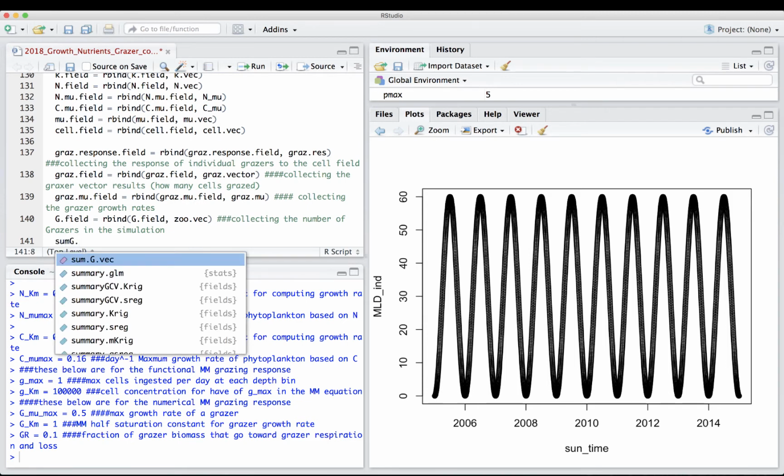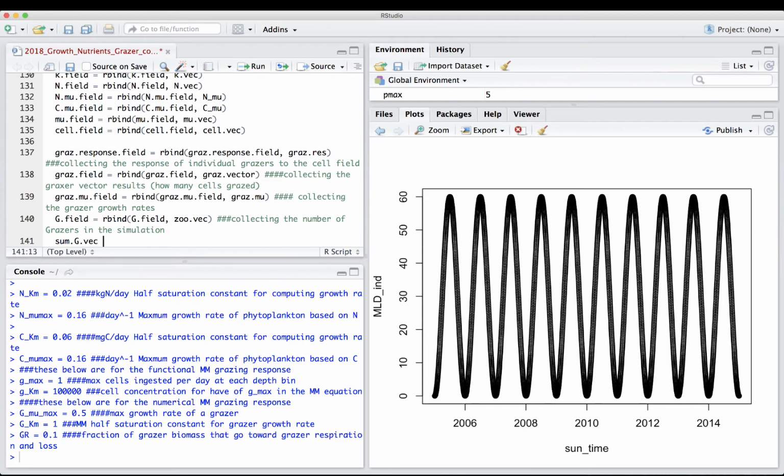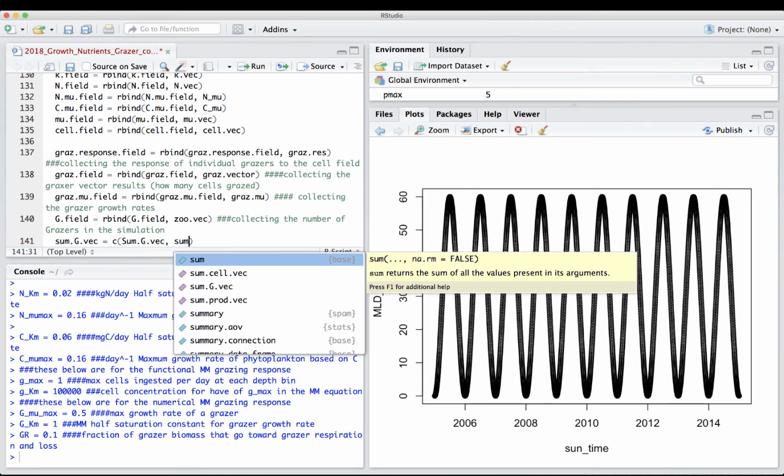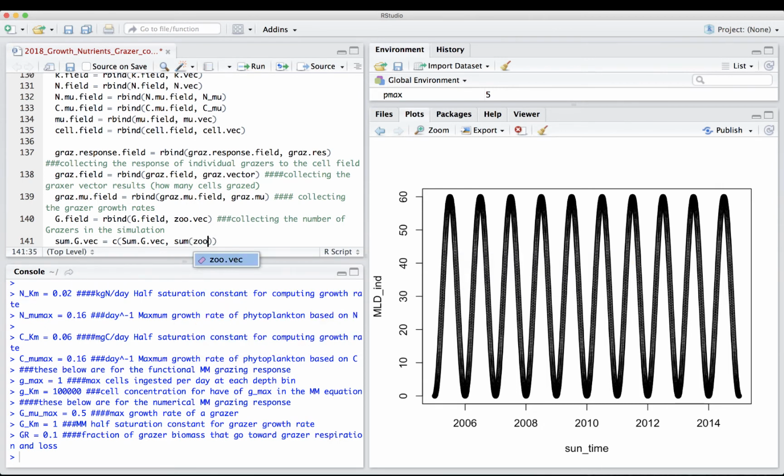Sum g is concatenating, similar to the way that this is spelled. Similar to the way that we're summing up the total primary producers or total phytoplankton, we're doing the same thing with the grazers.